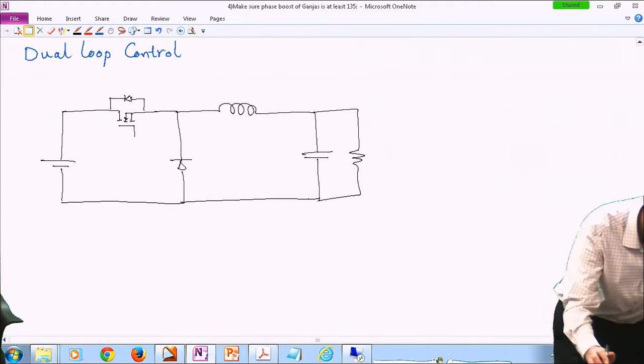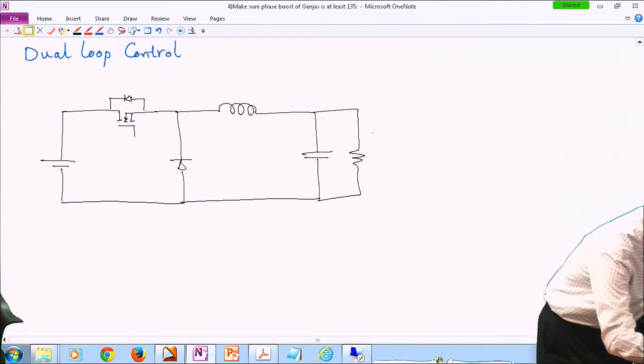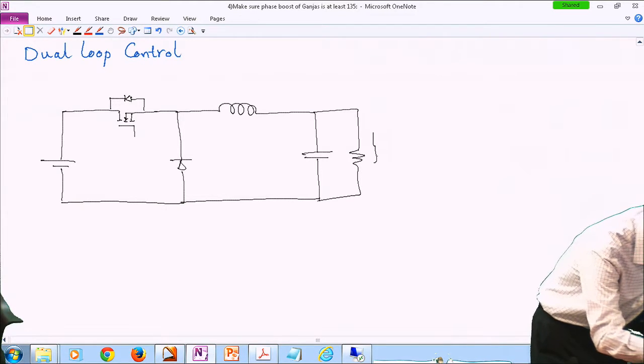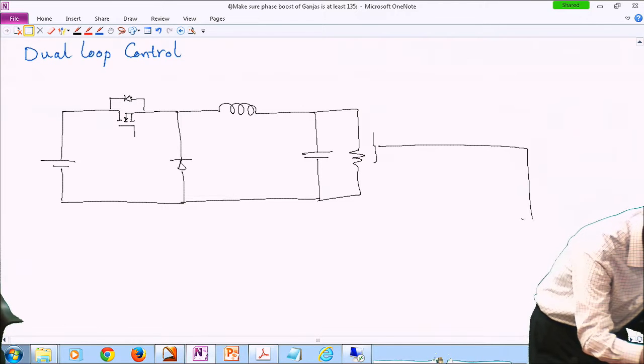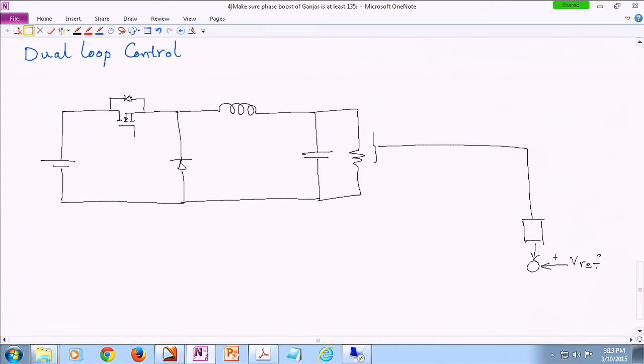Similar to the case before, we are still measuring the output voltage because ultimately we want to regulate the output voltage. Then we place a compensation network here.